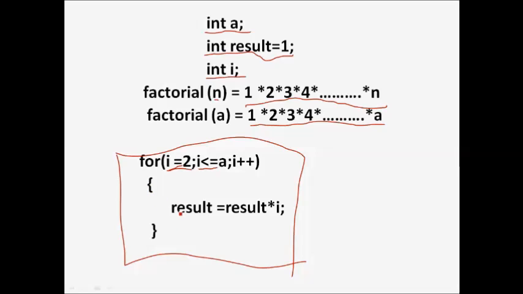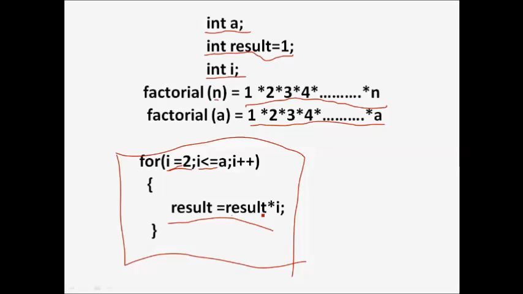See this statement. In every pass of the loop, the value of variable result is updated. In the first pass, the value of variable i is 2, so 2 is multiplied with the variable result, and whatever result comes after multiplication is assigned to the variable result.